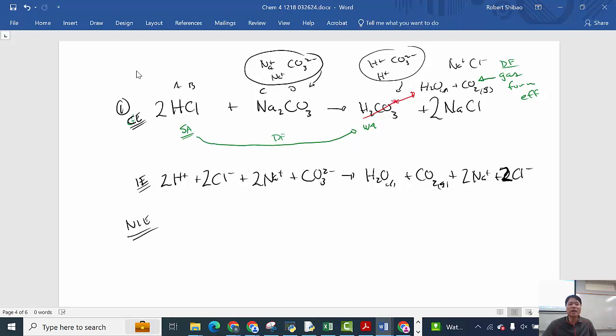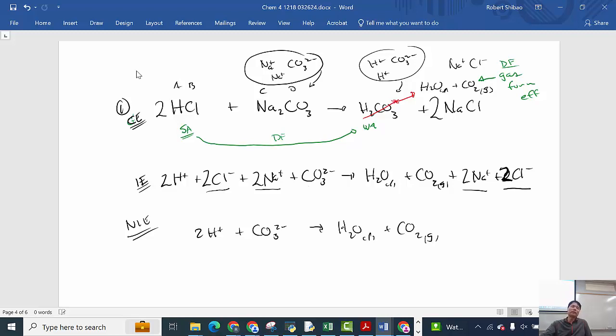Did the H plus react? Yes. Did the chloride react? No. Did the sodium ions react? No. Did the carbonate react? Yes. If we eliminate the spectators, we have 2H plus attack a carbonate, and what forms is H2O liquid plus CO2 gas.